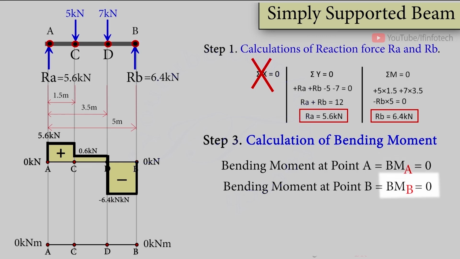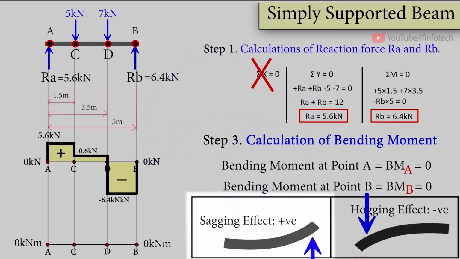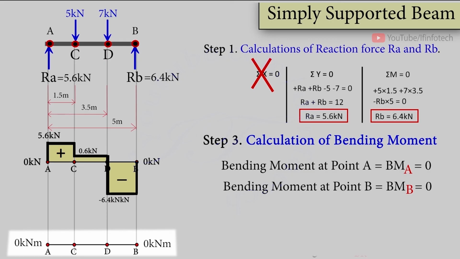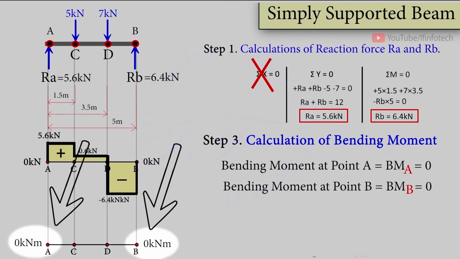Now in case of bending moment calculation, our sign convention is: for sagging effect of beam we treat it as plus sign, and for hogging effect of beam we treat it as negative sign. So for the bending moment diagram, here I draw a horizontal reference line of bending moment 0, and I mark points A and B whose bending moment value is 0.